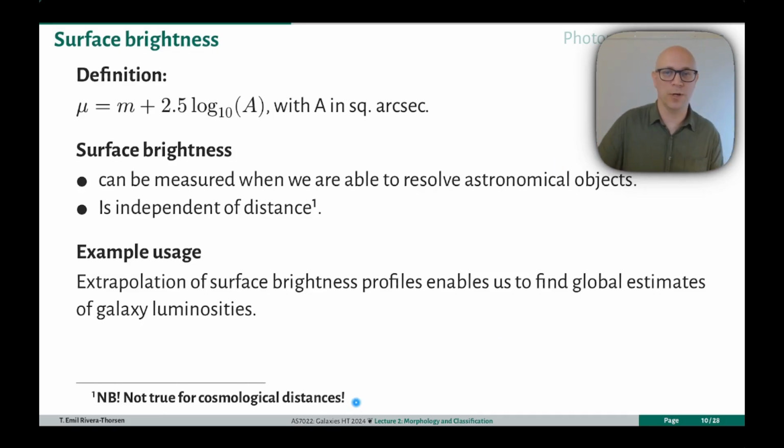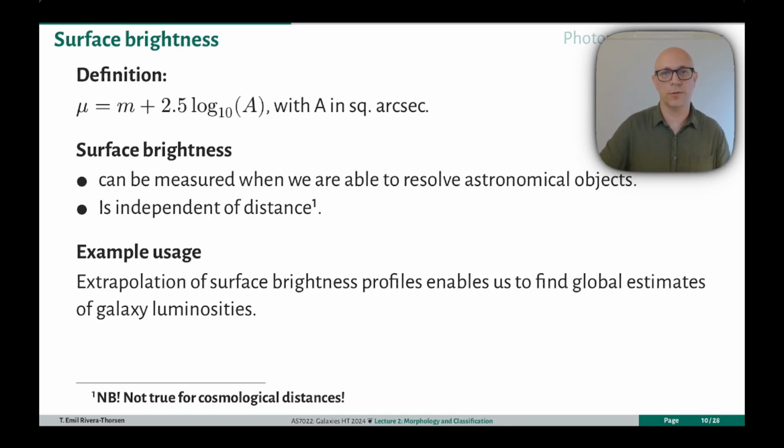When we get to cosmological distances, surface brightness actually is no longer independent of distance. There is this thing that is called surface brightness dimming, which stems from the fact that on large scale, the universe does not actually obey Euclidean geometry, but something that is a little bit more funky than that.